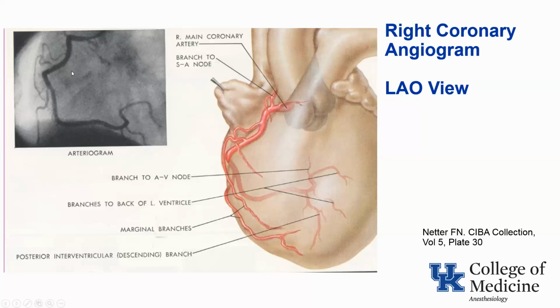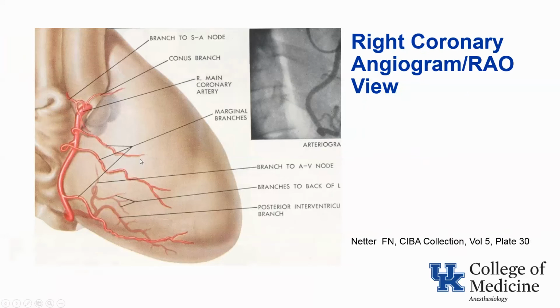So again, in this RAO, this is an LAO view looking from the other direction, and we now see the circumflex running in the AV groove all along here, and the posterior descending is coming out towards us. Let me go back to this RAO view of the right coronary. Although not depicted on this slide, you would see the vertical running circumflex and then a horizontally running PDA running along in this direction.